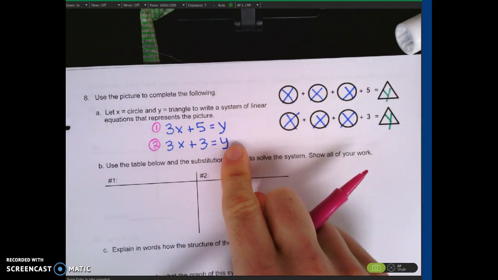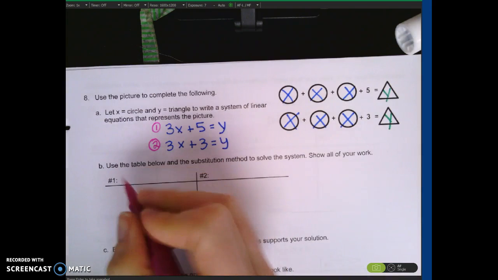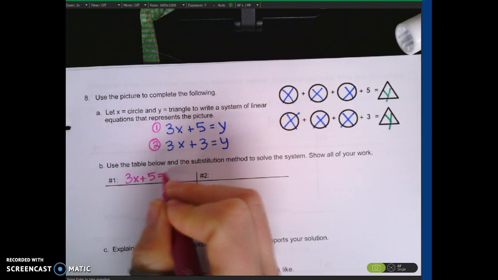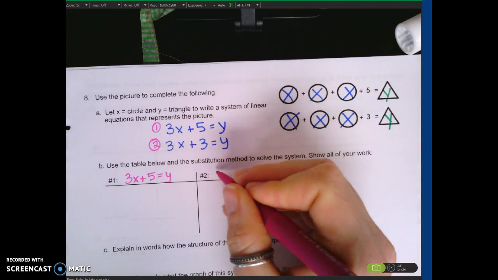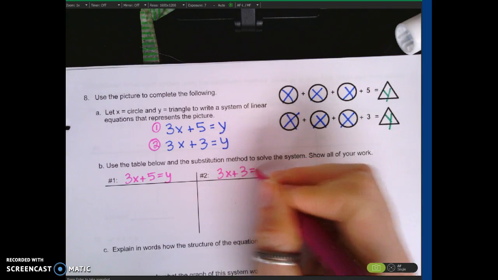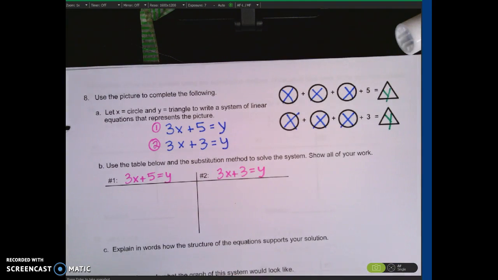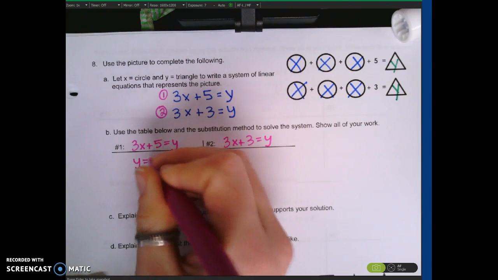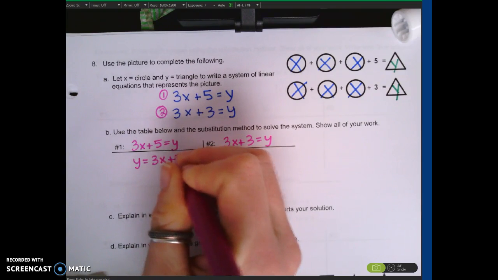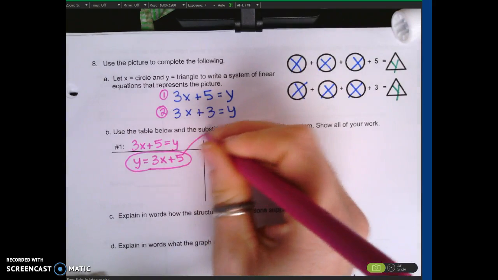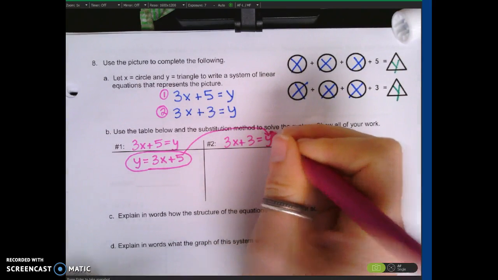Because the y's are already isolated, let's just write equation 1 on the left, 3x plus 5 equals y. Let's write equation 2 on the right, 3x plus 3 equals y. Now, let's rewrite equation 1, y equals 3x plus 5. Give it the bubble, and it floats into the other equation.